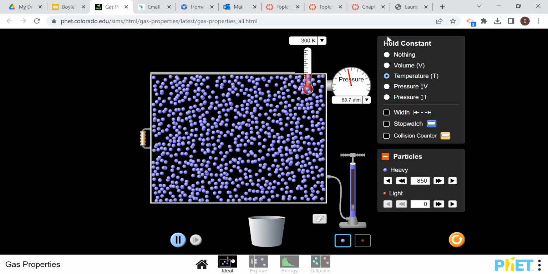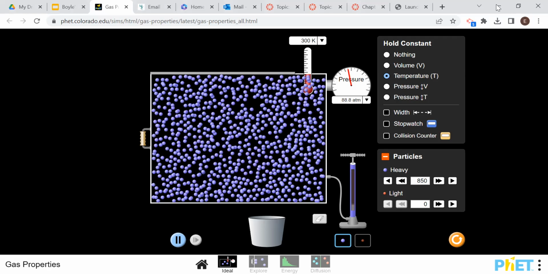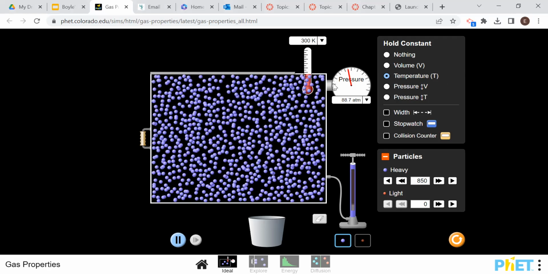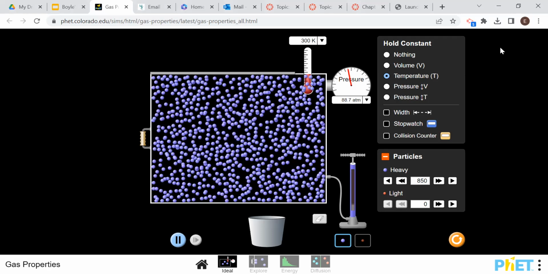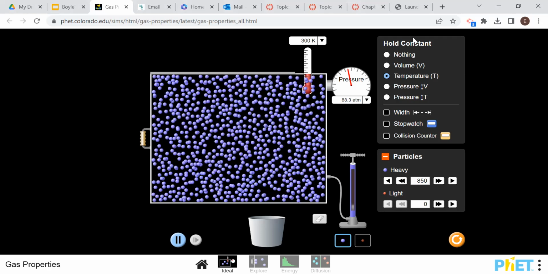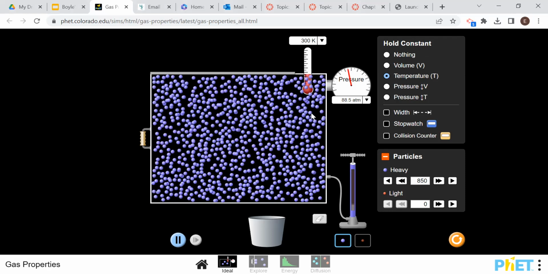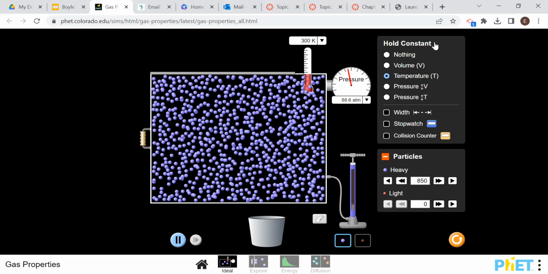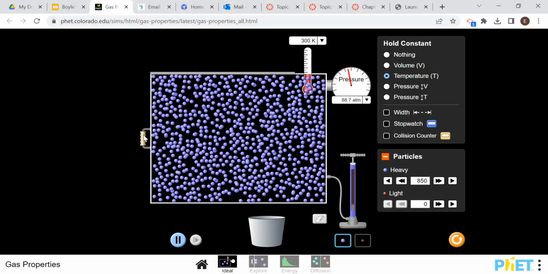So that's Boyles' law. So we see how the particles are colliding, the impact on the walls, the force they're exerting on the walls of the container. There'll be more force.